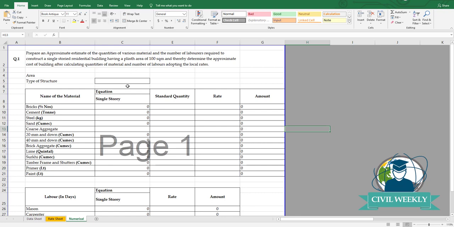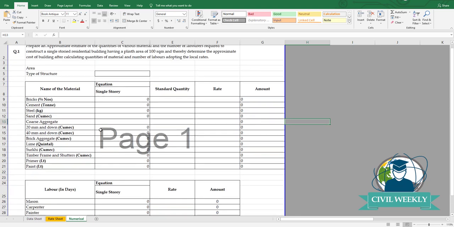So what they are saying is calculate the quantity of material and number of laborers required, and once you calculate this quantity, multiply it by the rate and get the total cost.